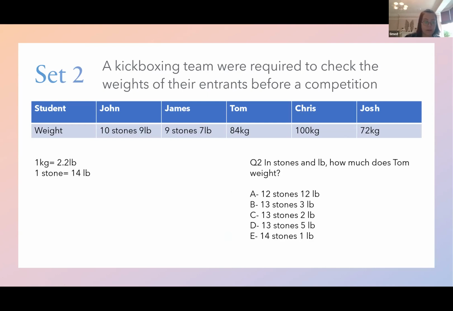Okay, so next question, I'll put 45 seconds on the clock for this one. 45 seconds are up.